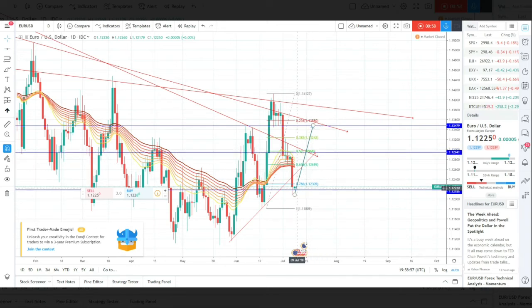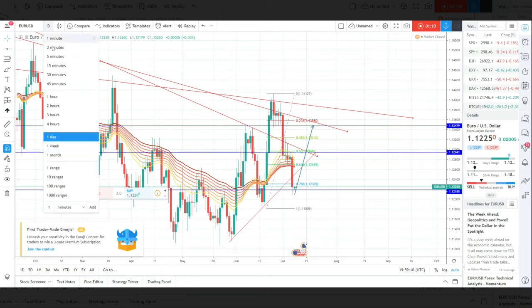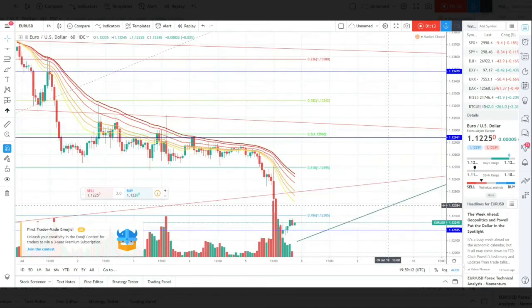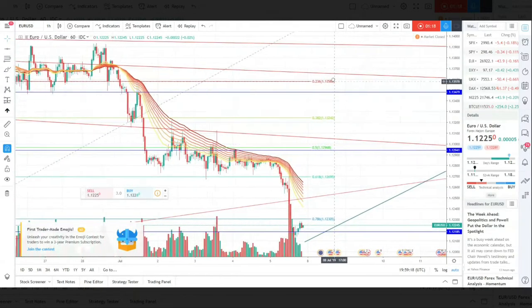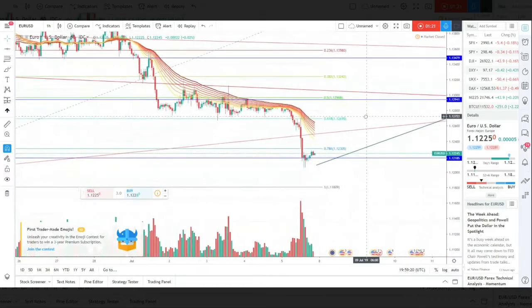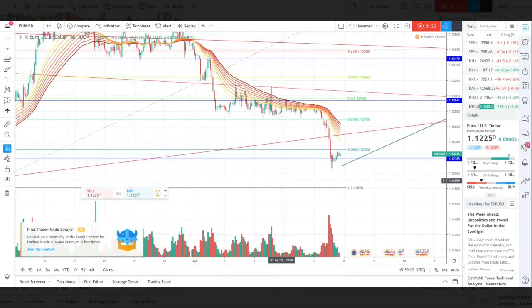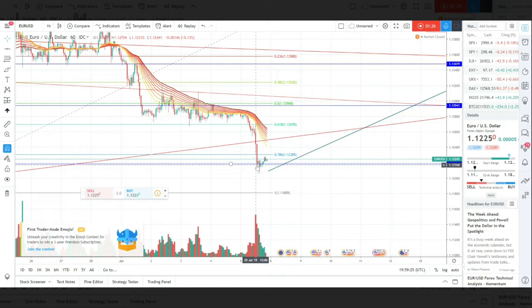So if we do an analysis and we see the euro USD will go up, that means that we expect it, usually. Let's see it from the 1-hour chart. Okay, we do expect the candles over here to retest the support and go up.